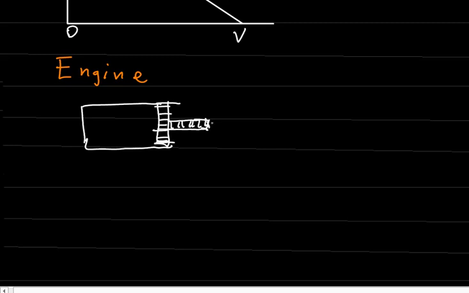So for an engine, it's usually connected to what is known as a crankshaft. So the crankshaft now is what is connected to, let's say, a wheel. So as the piston moves through and fro, it actually rotates the wheel.